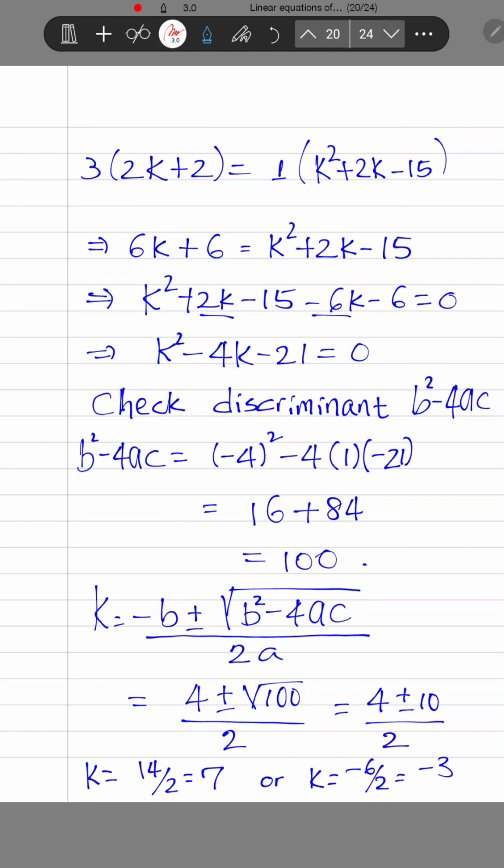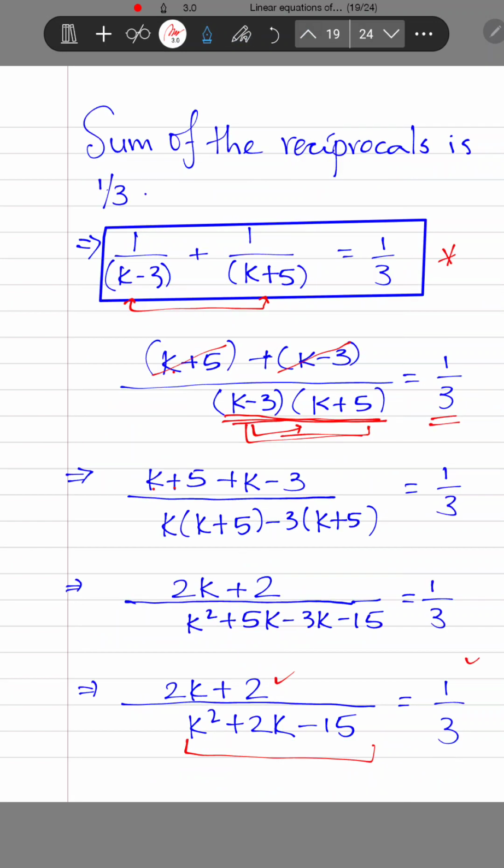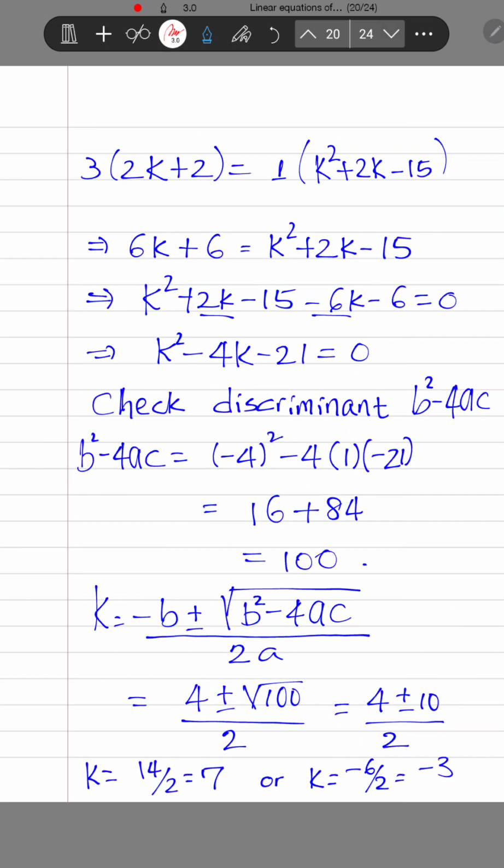Okay, now we have this one. Let's continue. We need to do a cross product on this one. Then we're going to get 3 times 2K plus 2 is equal to 1 times K squared plus 2K minus 15. Okay, 6K plus 6 is equal to K squared plus 2K minus 15.